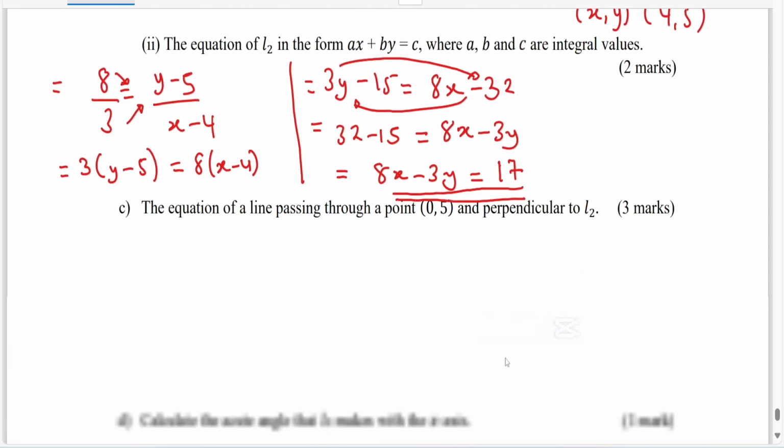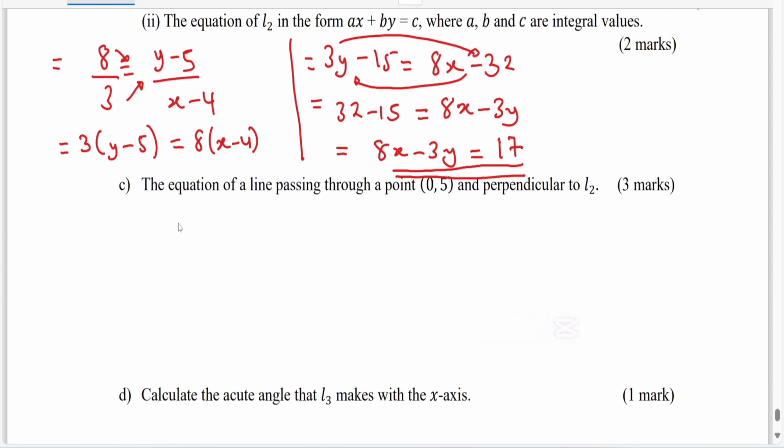And the final question, I think. The equation of a line passing through point (0, 5) and perpendicular to L2. For L2 we know our gradient is 8 over 3. Now the gradient of L3 is just the reciprocal of this one. Remember m1 times m2 equal to negative 1 for perpendicular lines. So the reciprocal of it becomes negative 3 over 8.